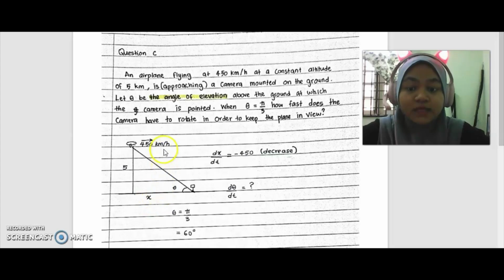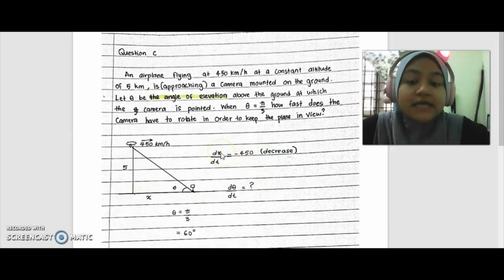And now we want to know why this question give this point. So we can see 450 km per hour, so it means it is dx over dt. We need to know whether it is a decrease or increase.